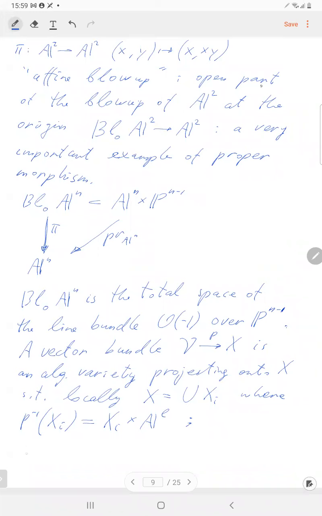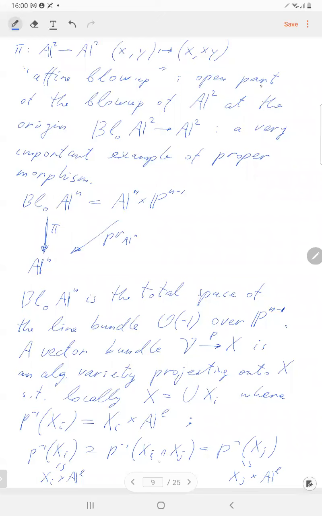So we have the preimage of X_i, and it is isomorphic to X_i times A^l, and it contains preimage of X_i intersected X_j, which is contained in turn in preimage of X_j, that is isomorphic to X_j times A^l.